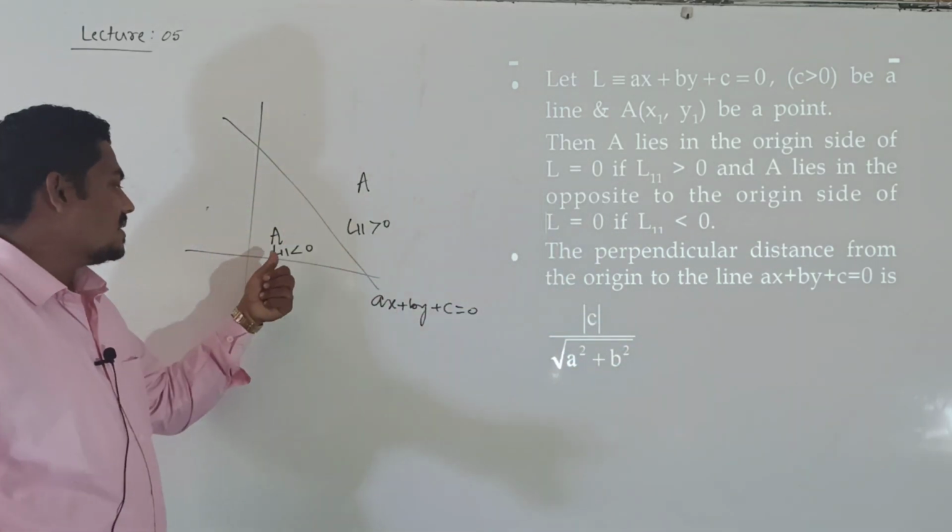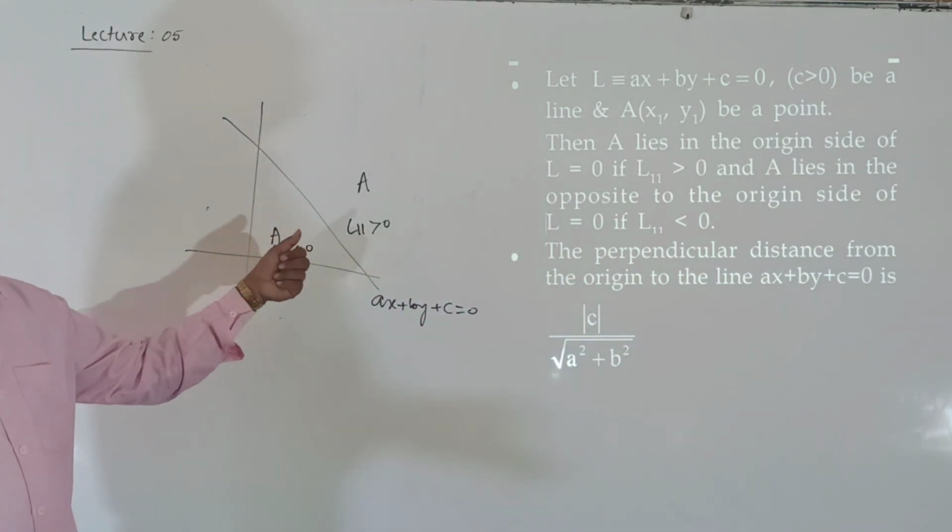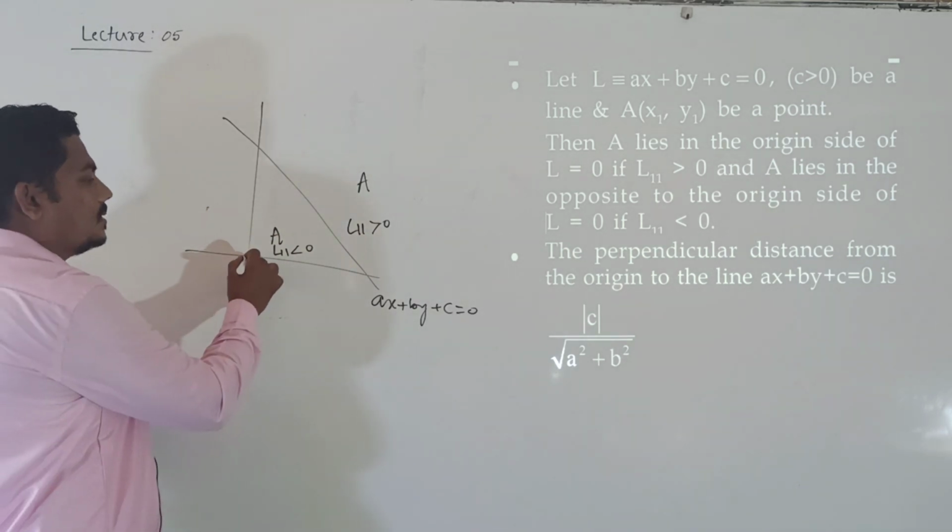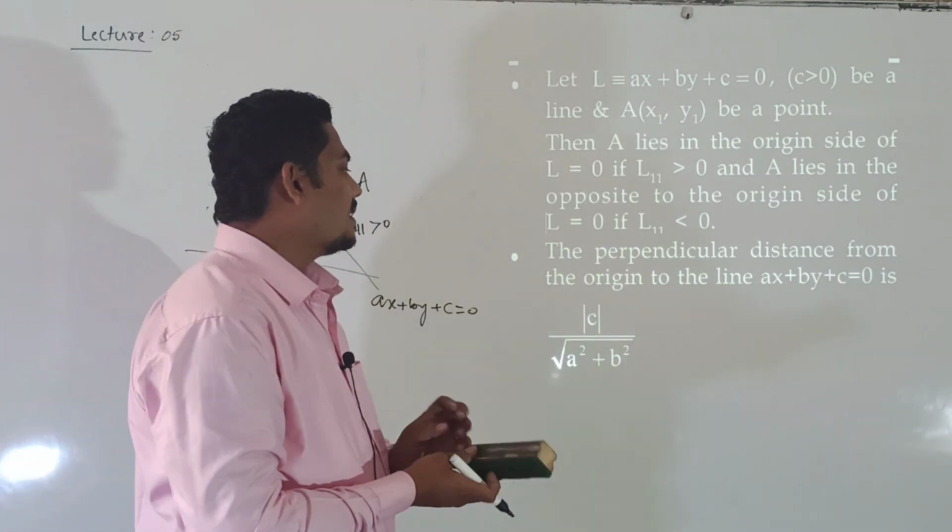If L11 is negative, suppose point A is here, then the point lies on the origin side. If L11 is positive, the point lies on the opposite side of the origin. If L11 is negative, the point lies on the origin side. This is the meaning.